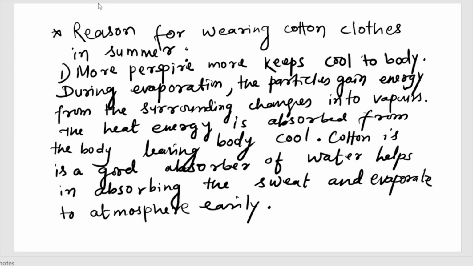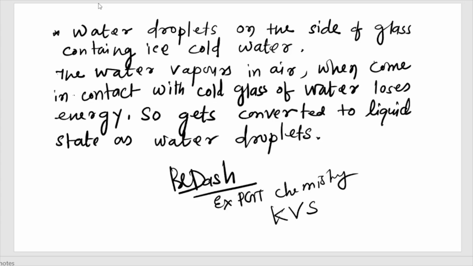So this is very important. Wearing cotton clothes in summer is good for the cooling effect. That is why if you put on synthetic cloth, you feel very sweaty and very hot. But if you put on cotton cloth, you feel the cooling effect by the absorption of sweat and its evaporation to the atmosphere.